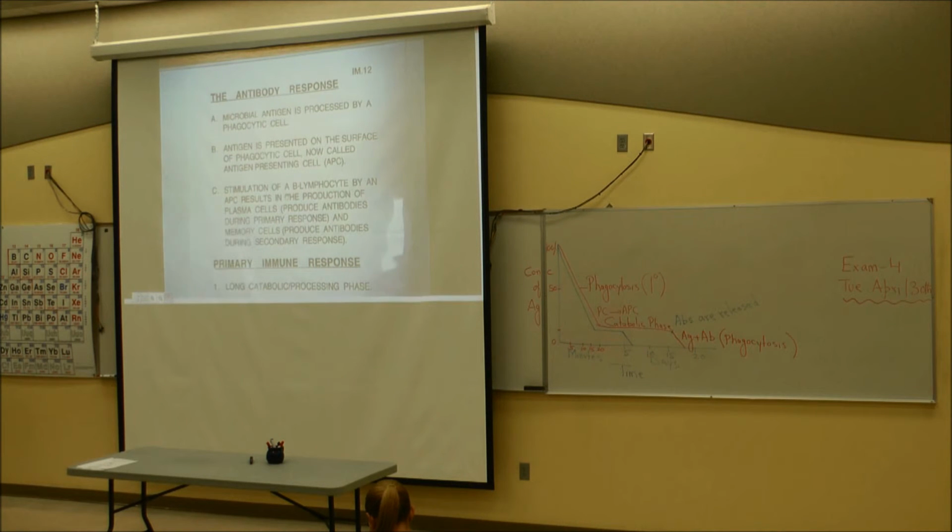When they fuse together, they split into two types of cells. One is called plasma cell and the other one is called memory cell. During primary immune response, plasma cell produce antibodies. And during secondary immune response, memory cell produce antibodies.